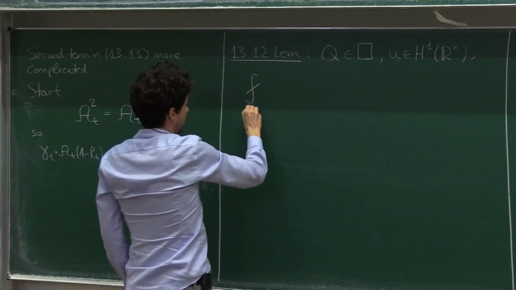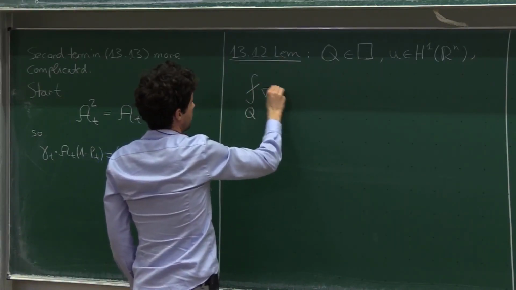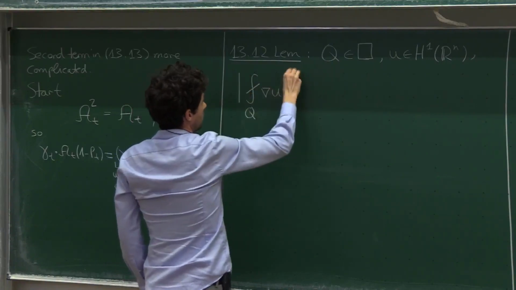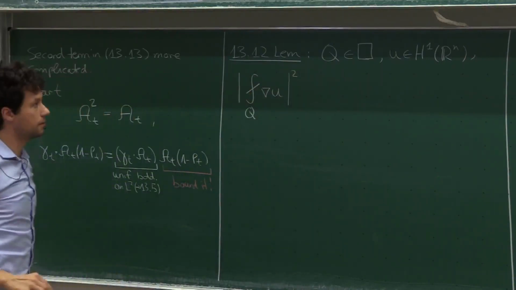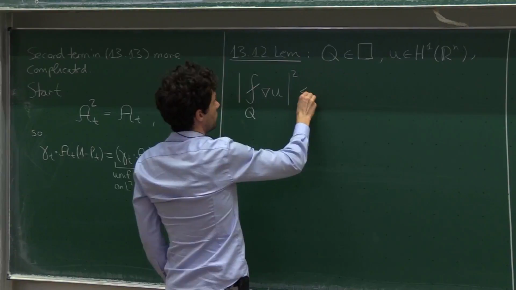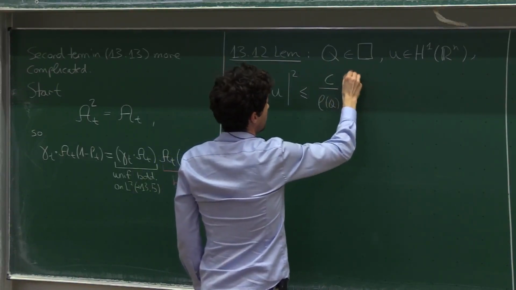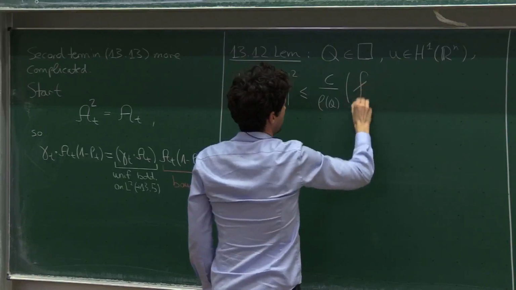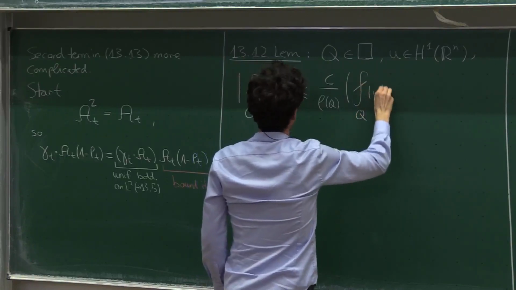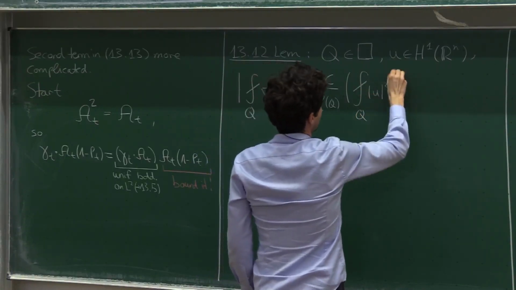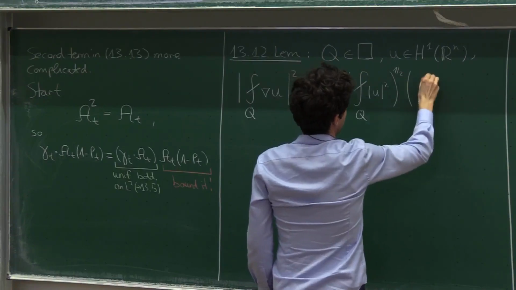And so the lemma says that if I average the gradient of U, I take a square of that, then this I can bound by a constant over the length of the cube times the product of the L2 averages of the function and its gradient.